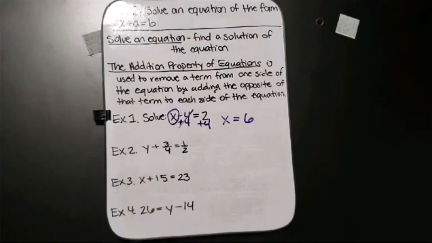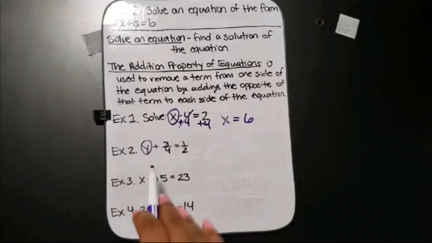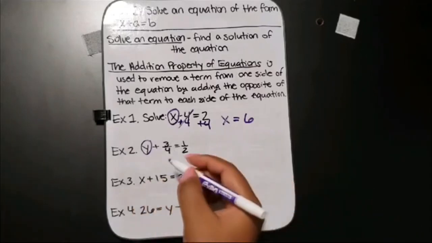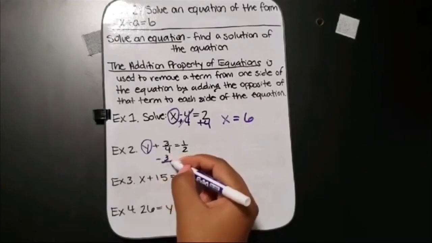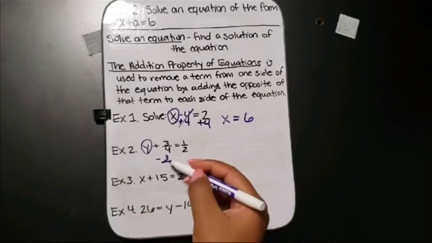So now let's look at example 2. We have y plus 3/4 equals 1/2. So remember, we want to get y by itself, but we have this plus 3/4. So if we want to get rid of it, we need to do the opposite of plus 3/4, and we need to subtract 3/4.